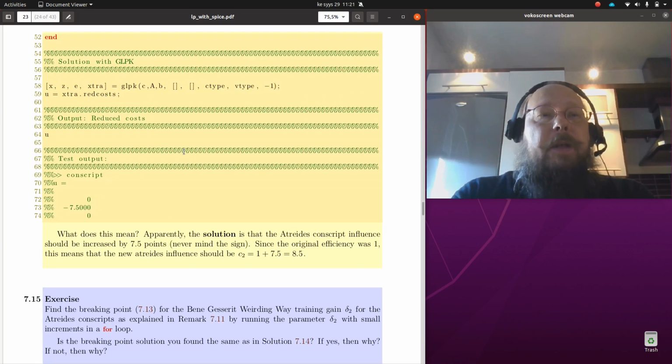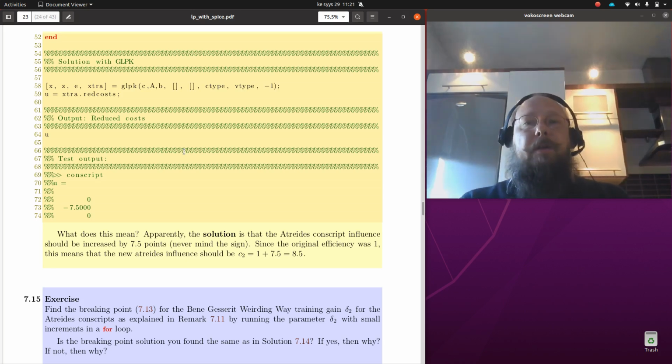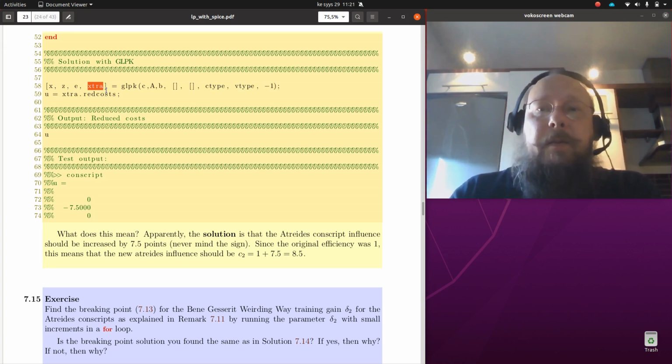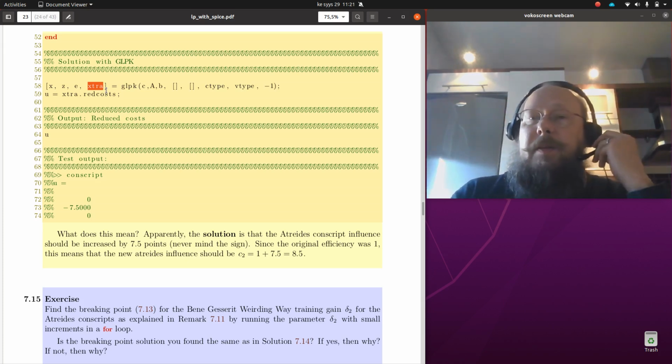The only difference here is the very short difference. Here we ask the solution for the Muad'Dib's jihad problem, and note that we ask this E for the error number just in order to get a handle of this extra. That's the struct that gives us additional information like the reduced costs. We have used this already for the other sensitivity parameters called the shadow prices or dual variables or marginal costs.